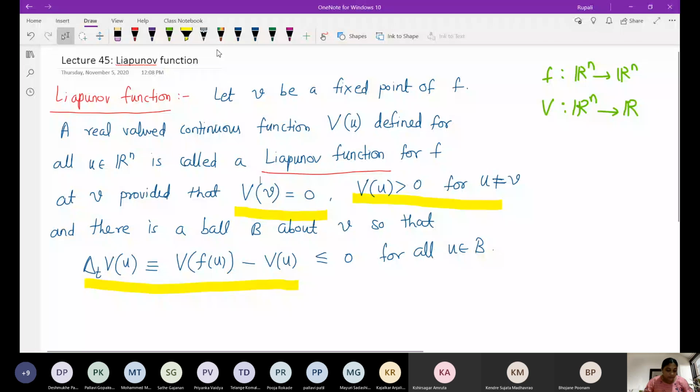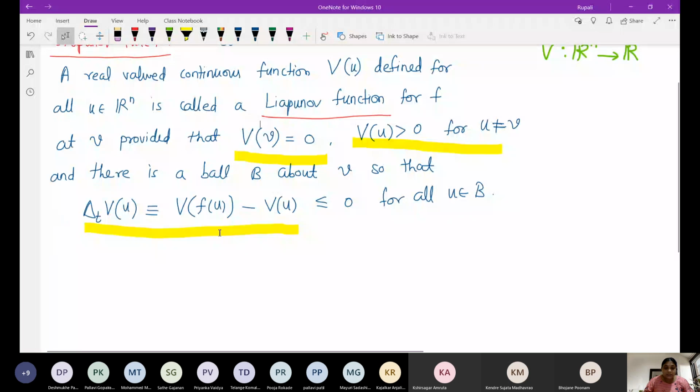And if the above inequality is strict for u not equal to v, then V is called a strict Liapunov function.